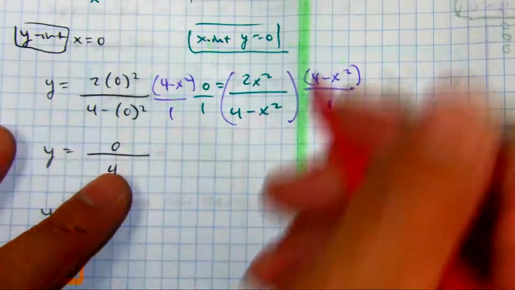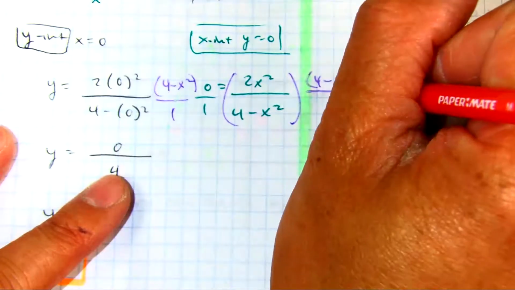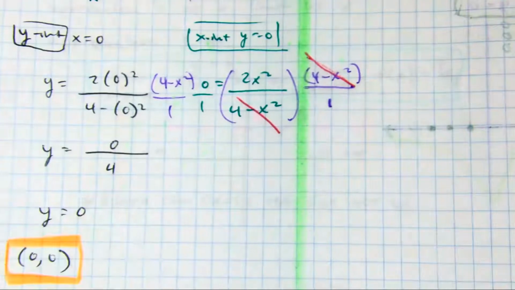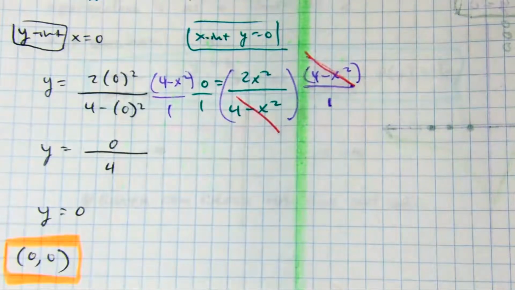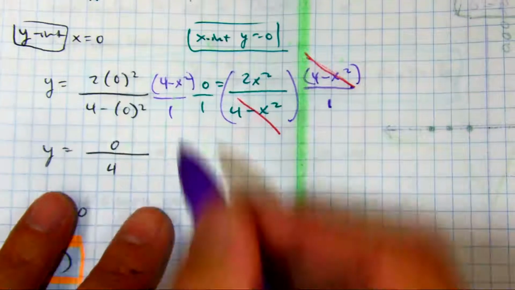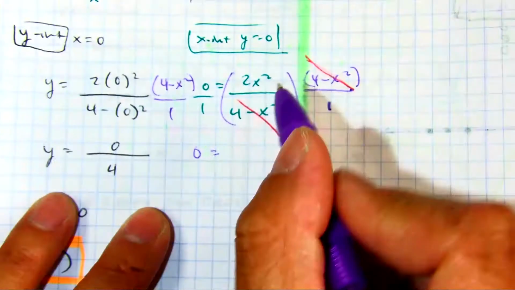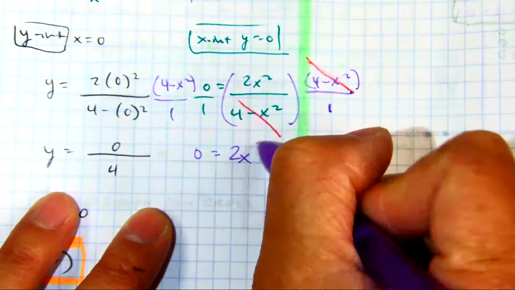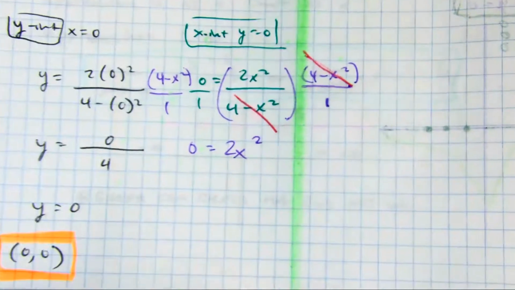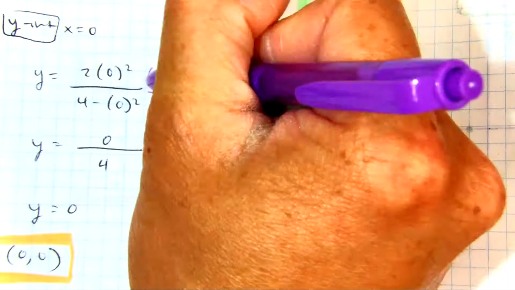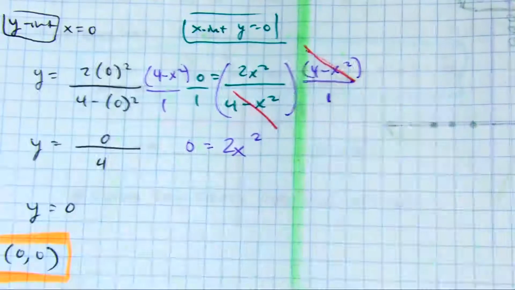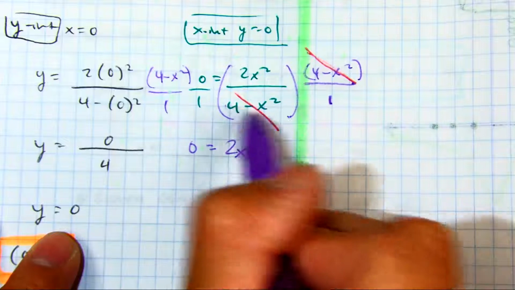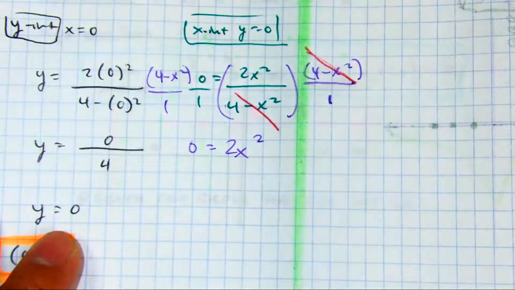Cross off these? Yeah. Okay. Now what? 0 equals. Good. You're going in the right direction because all of this times 0 equals 0. The reason why you multiply both sides by 4 minus x squared is to remove this, so that's why they're canceling. Okay, solve for x.